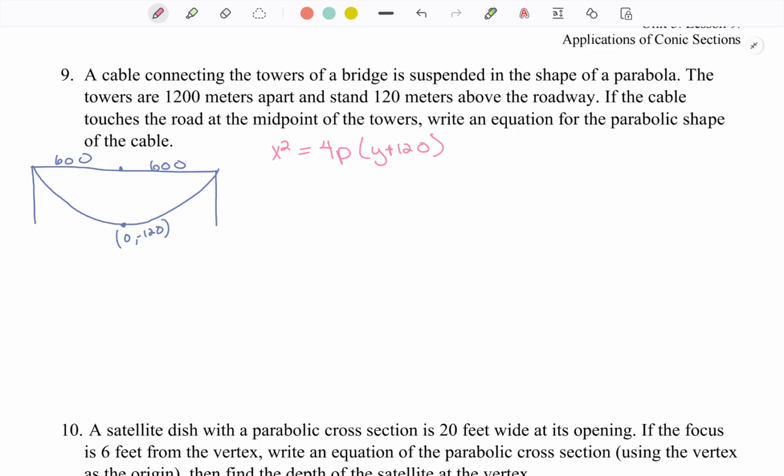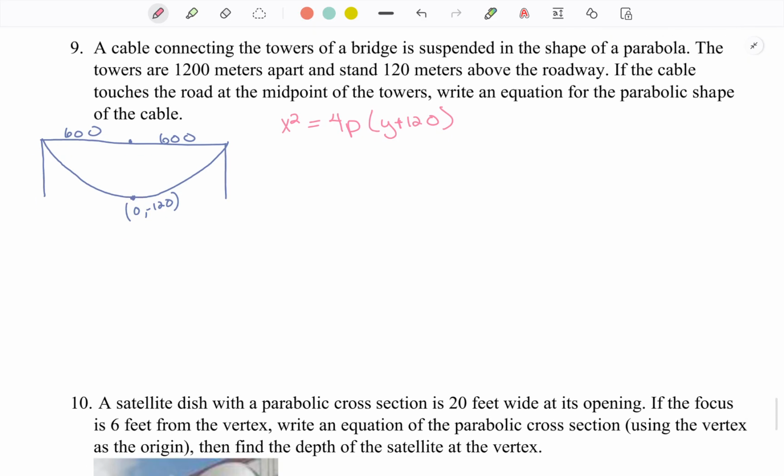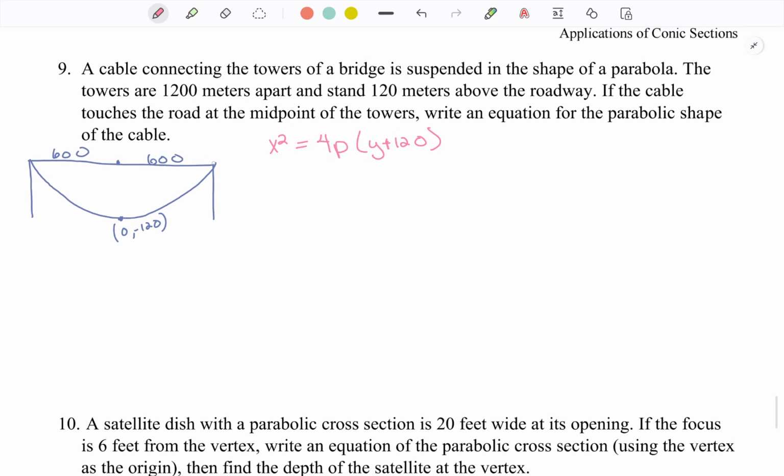And so we'll put in our point of 600, 0. So we will have 600 squared equals 4p times 0 plus 120.